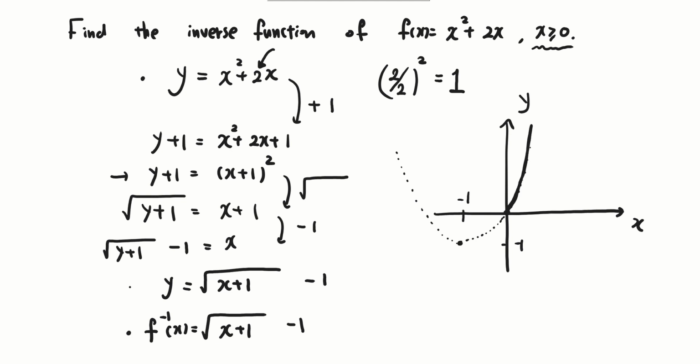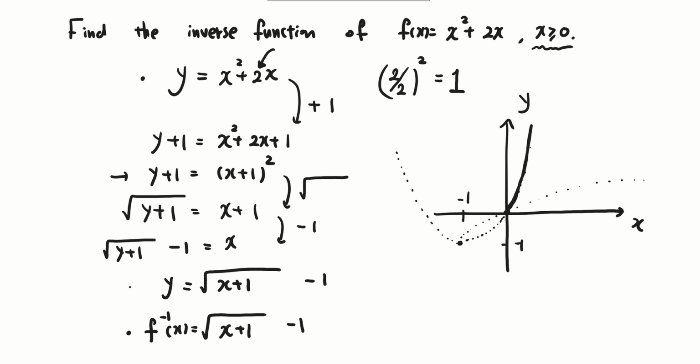Then let me sketch the function square root of x plus 1 minus 1. So this one looks like this. Then, if you remember the definition of inverse function with regard to the graph, the graph of the inverse function should be obtained by reflecting the graph of y is equal to f of x over the line y is equal to x.